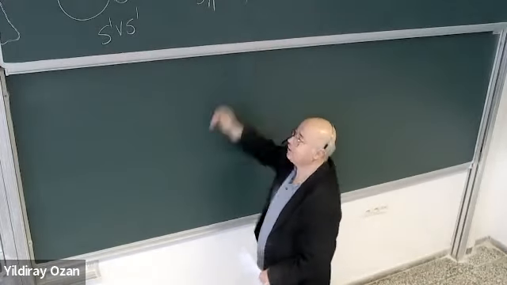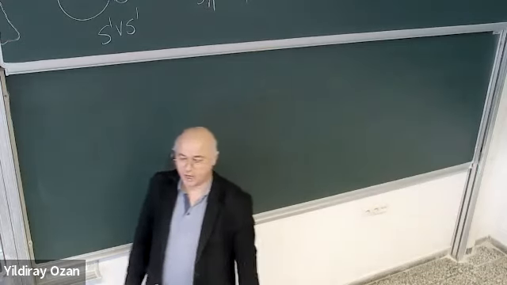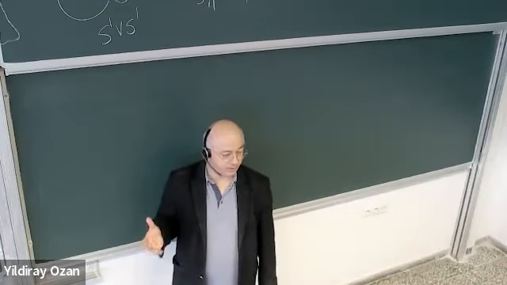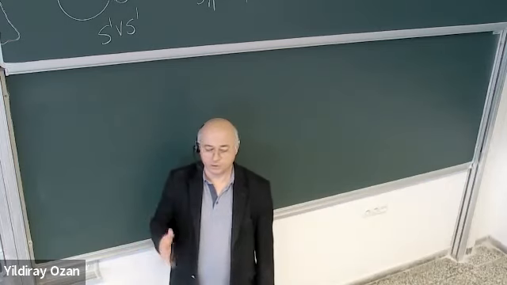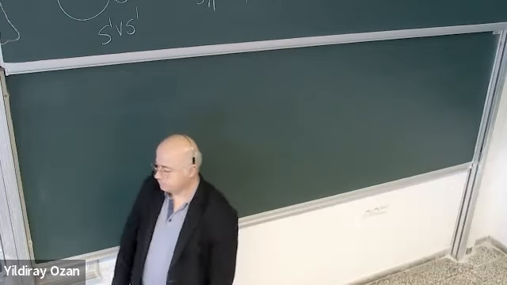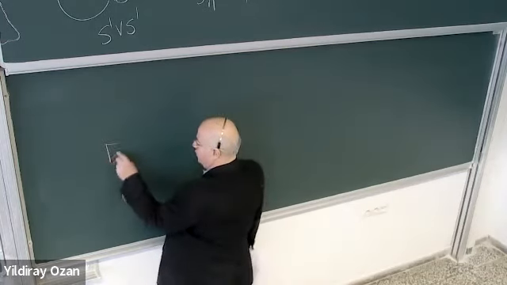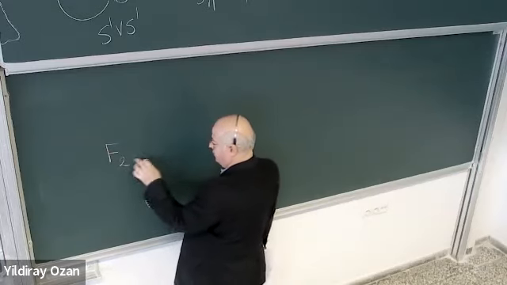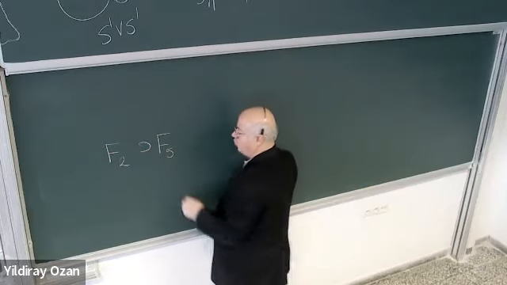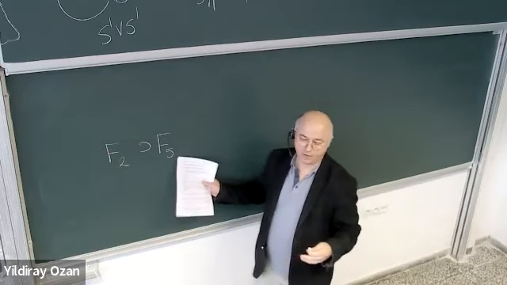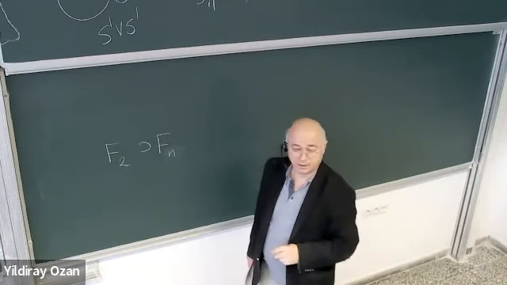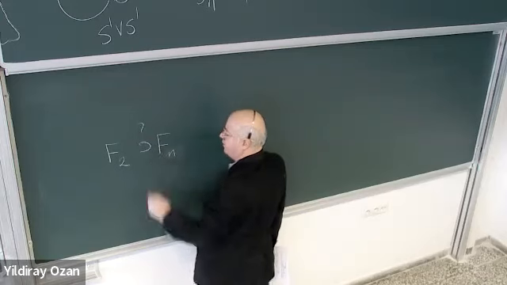And using this theory, you can prove results in group theory which are usually a lot more difficult to prove if you are just using elements of algebra. For example, you can prove the following. The free group F2 contains the free group on any number of generators, F5 or Fn, and any of these groups sits inside.